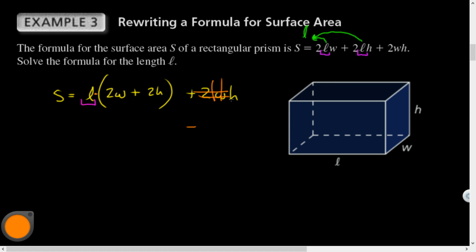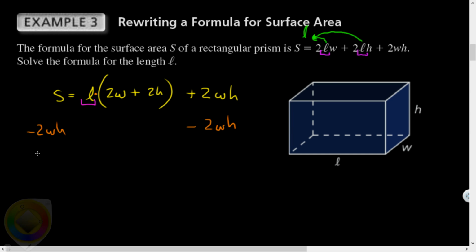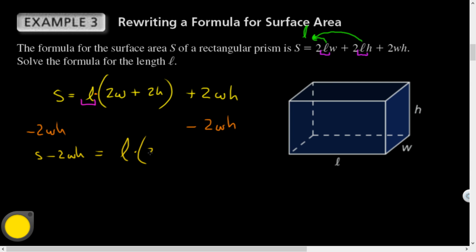We're just pretending this is a number, okay? So don't let it scare you. Minus 2WH from both sides. I'm going to actually run out of space here. I'm going to have to shift my equal sign over. So I'll have S minus 2WH equals L times parentheses 2W plus 2H.